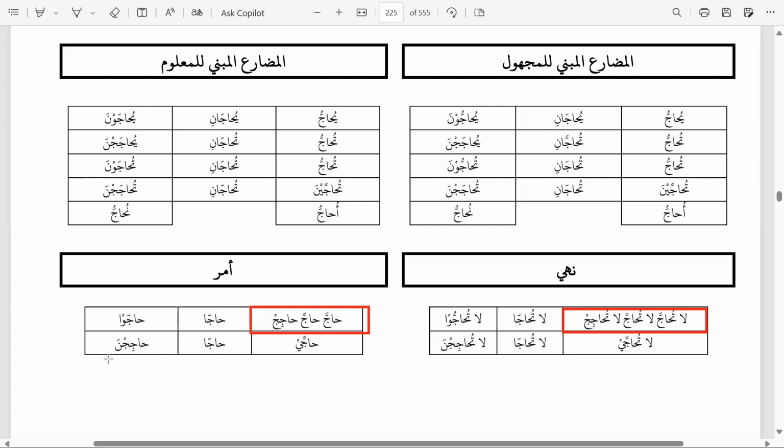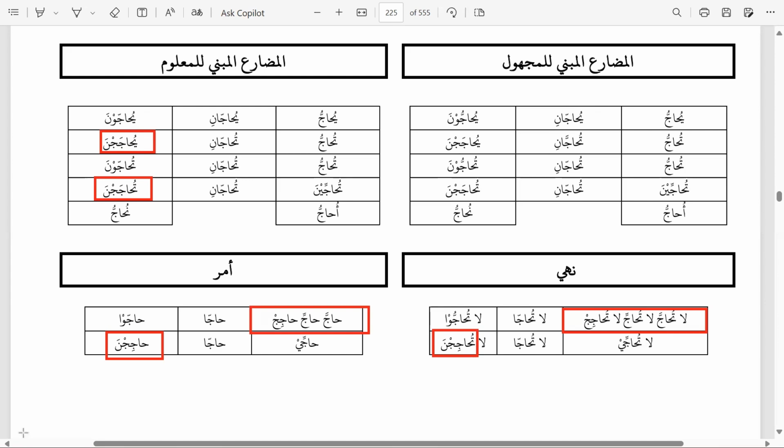And the antunna version is the fixed version. So this is the same word you will see in the regular form of mudare. In the regular form of mudare, to hajijna, you will see actually tuhajajna, because over here in present tense active, we have yuhajajna and tuhajajna.